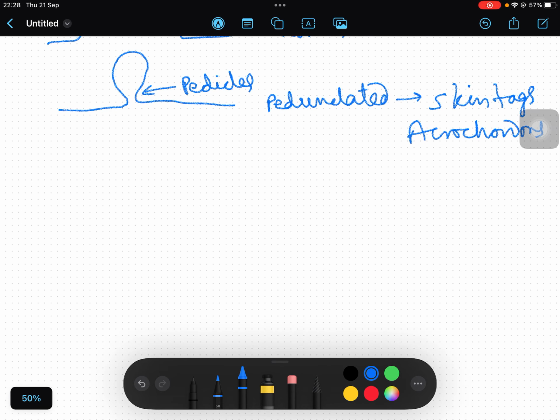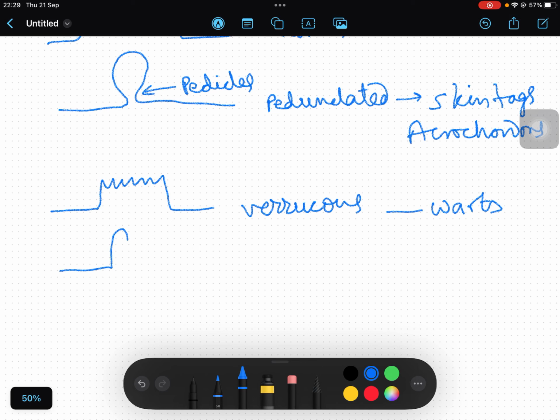The other variety that we may encounter is the verrucous type of papule. Verrucous papules are seen in warts, also known as verruca vulgaris.